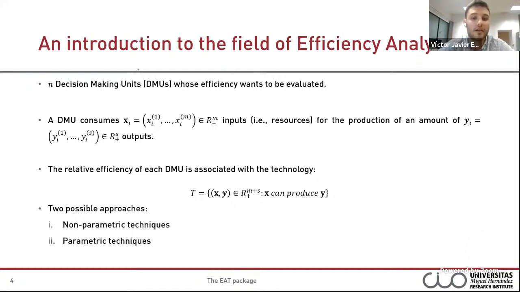Then the relative efficiency of some DMU is calculated as the distance from the observed unit that we are evaluating, that is the factory in our example, to the productive frontier that we estimate from the data, that is the input and the output from the sample of factories. And to do this, there are two types of techniques, parametric and non-parametric, and we will focus on the latter.